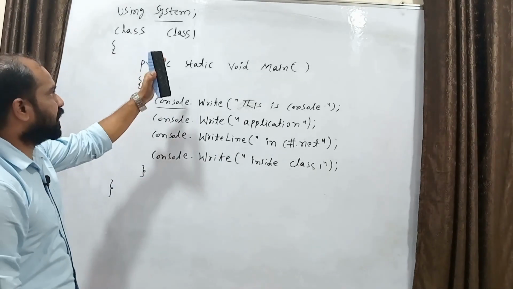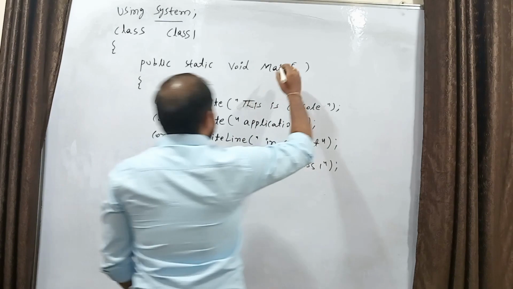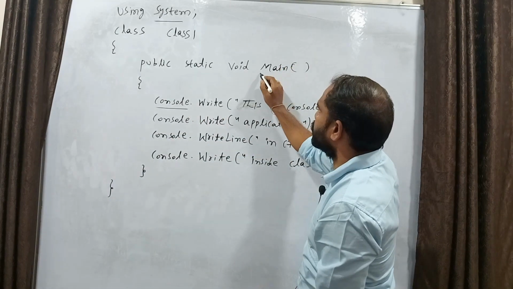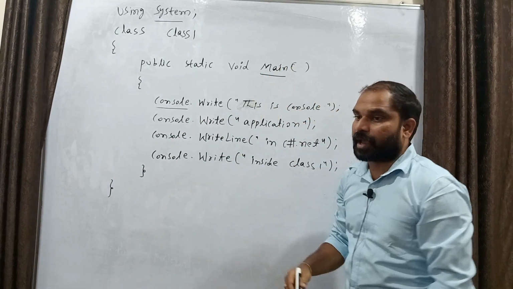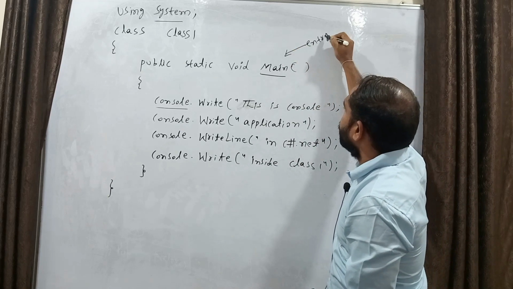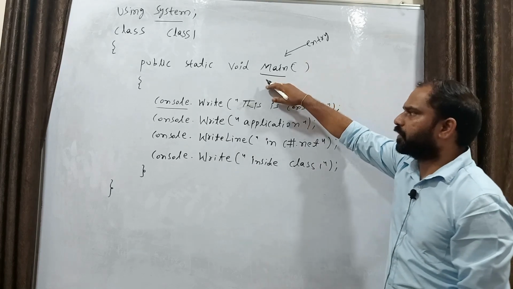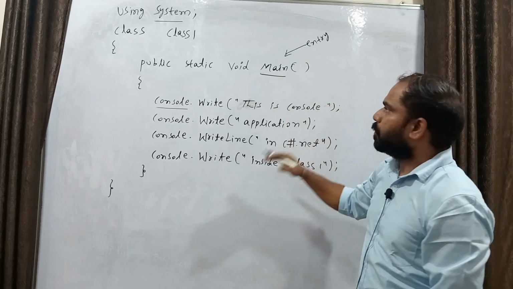This is a class which contains only one Main method. What is the Main method? The Main method is predefined, and its name should be like this only. The M should be capital, because this is the entry point of your program, where your program is going to get executed. From this point onwards the compiler will execute your program.